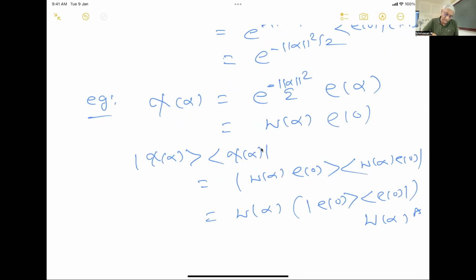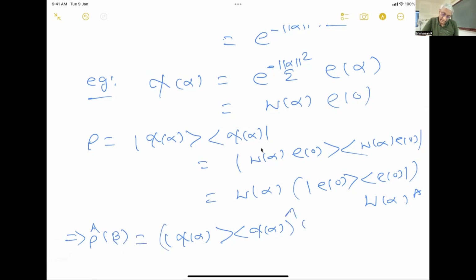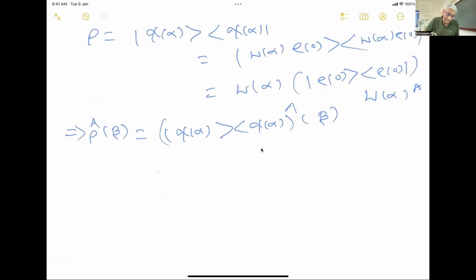Now these things imply this chi alpha is our rho. Suppose we have rho equal to this, then rho hat of beta, of course this is our definition, is just the conjugation by the Weyl operator.